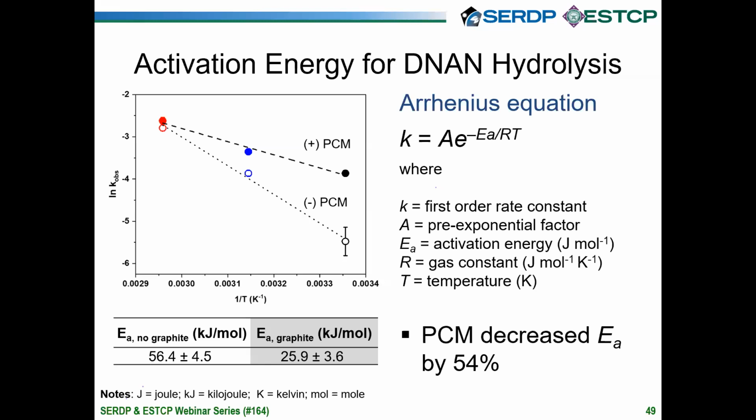The slope, according to the Arrhenius equation on the right, indicates the activation energy for the reaction. As you can see, our results suggest the presence of PCM was able to decrease the activation energy significantly by about 54%.